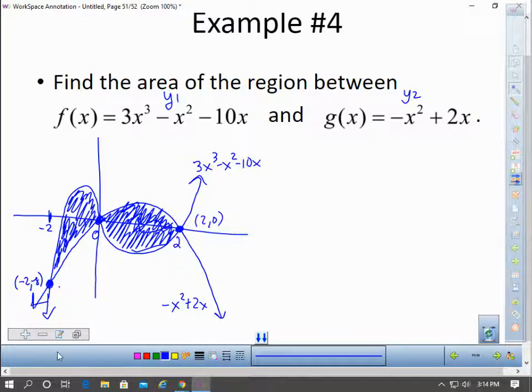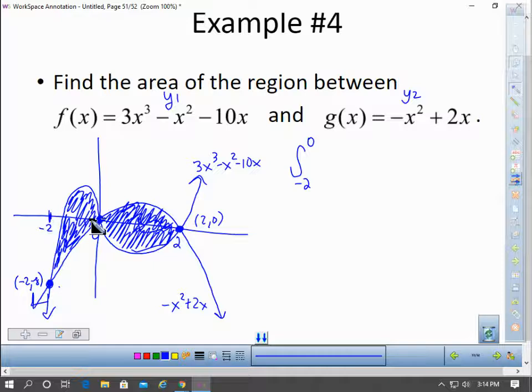So this is 2. So in order to find all of this combined area, there's a couple things I can do. I'm going to show you the one way first. You're going to do 2 separate integrals. You're going to do the integral from -2 to 0, and you're going to do top curve minus bottom curve.